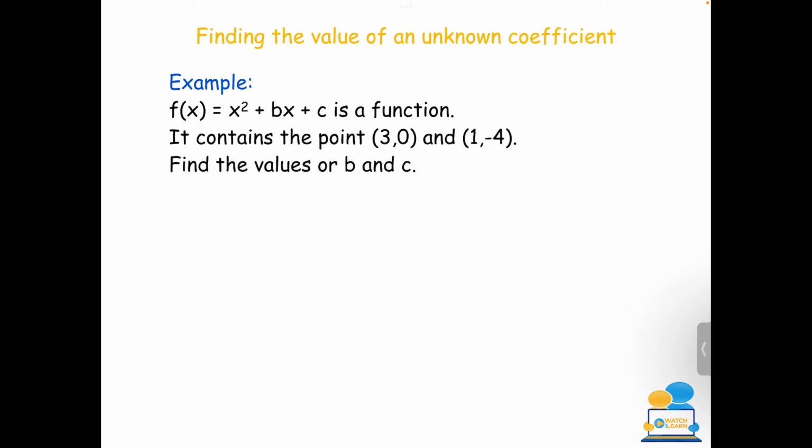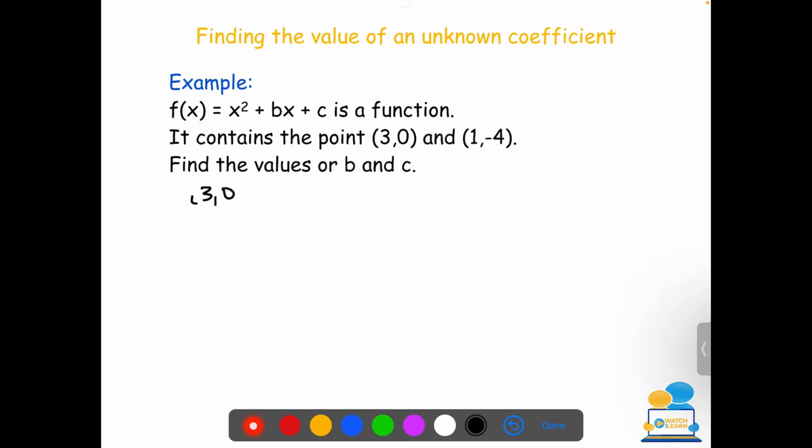So let's start with my first one here. My point is (3, 0). So what I'm going to do is I'm going to sub in 3 for x. So f of 3 is equal to 3 squared add b by 3 add c.